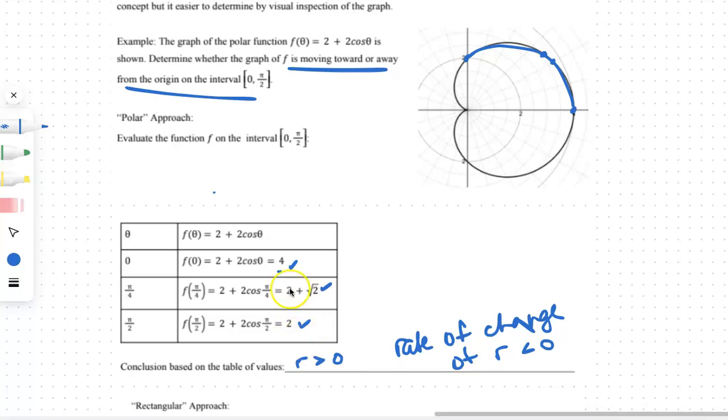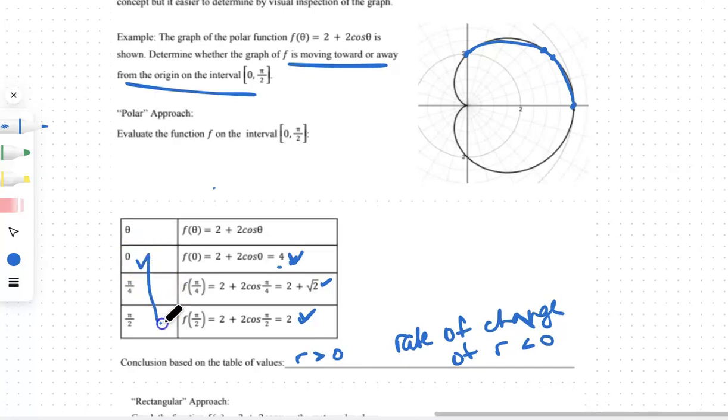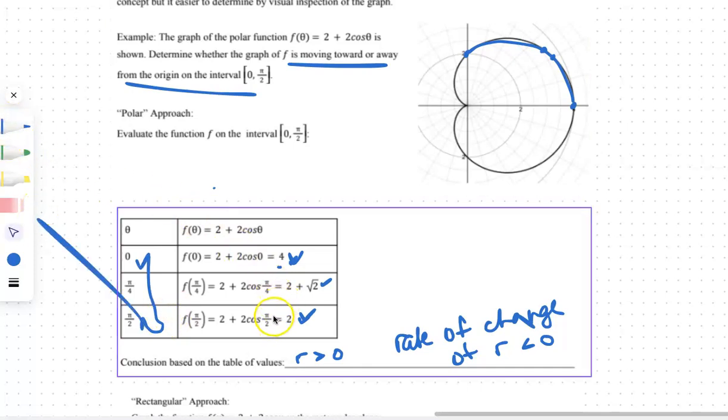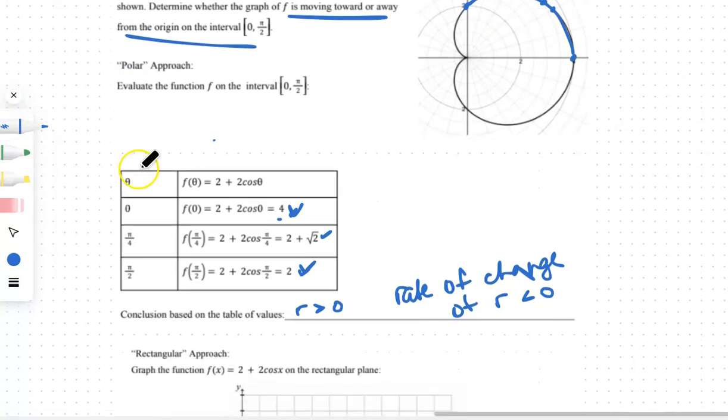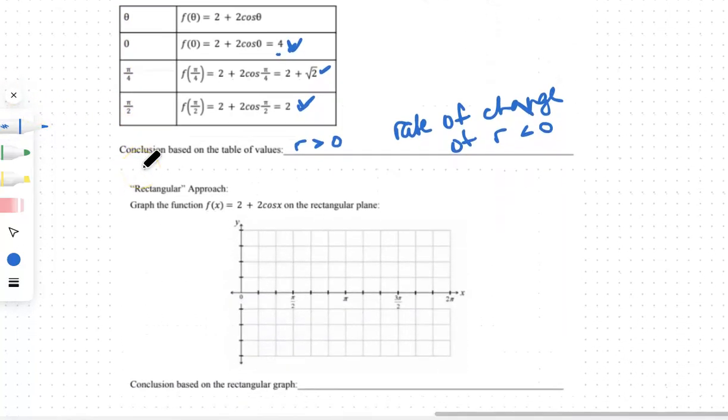Again, that's because, for example, I'm going from 4 down to 2. I lost 2 as my theta values increased from 0 to pi over 2. That tells me that because the r values are decreasing while the theta values are increasing, I've got a negative rate of change. Okay, the rectangular approach is actually a little bit simpler to do.